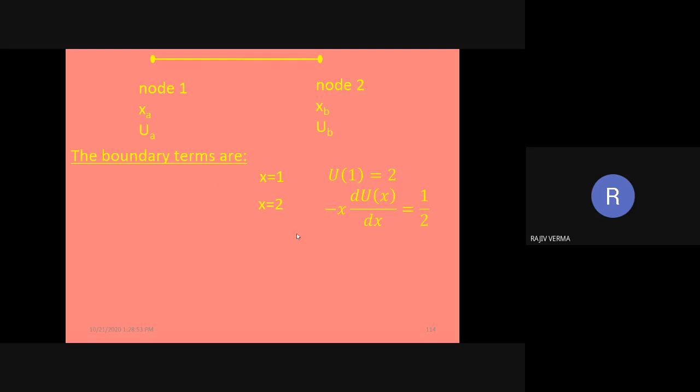Obviously, the first boundary condition happens to be an essential boundary condition, and the second boundary condition happens to be a natural boundary condition. We have also discussed the difference between these two boundary conditions and the difference in the procedure which is supposed to be taken when these two boundary conditions are going to be applied in the FEM solution.